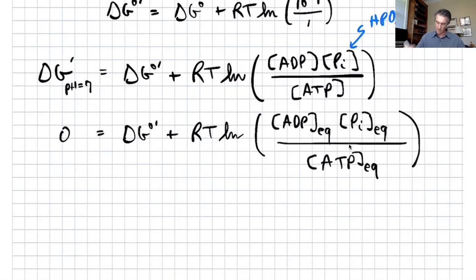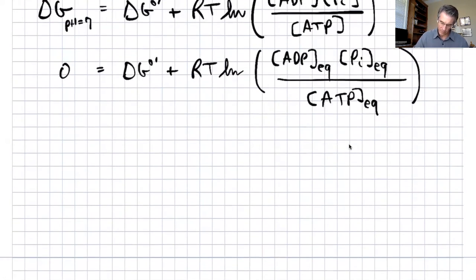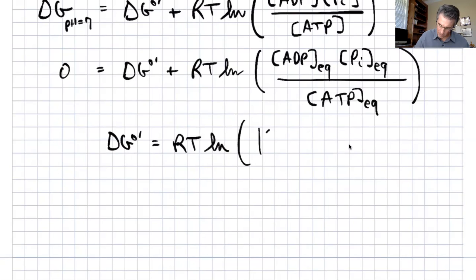Which simply means, as we've seen before, delta G naught prime is going to equal minus RT log of the equilibrium constant. Technically, you would add a prime there as well to indicate that you're at pH 7, though most biochemists doing things like this leave the neutral pH implicit, and you don't usually see people put the prime there.